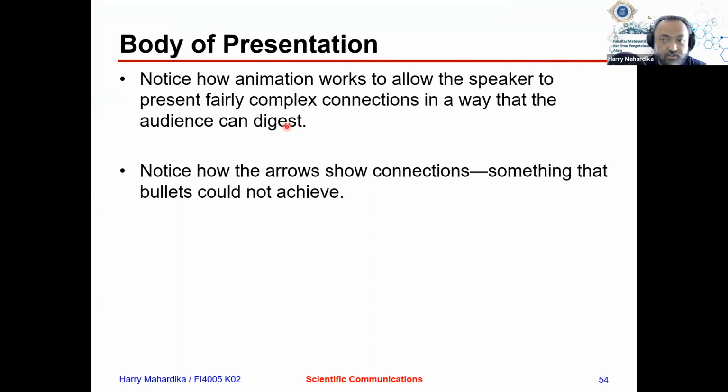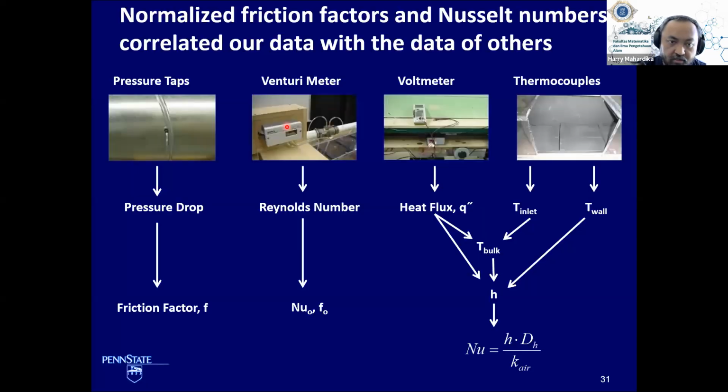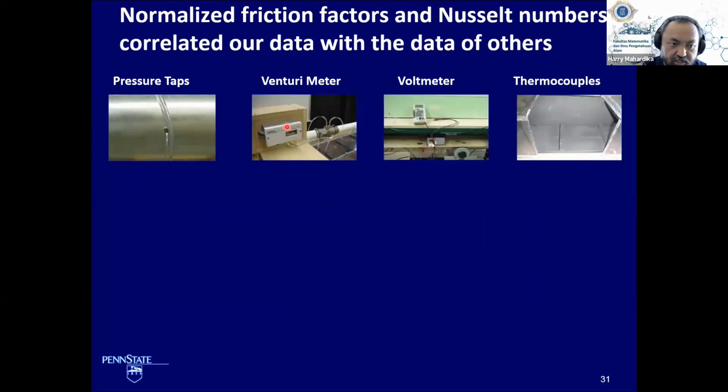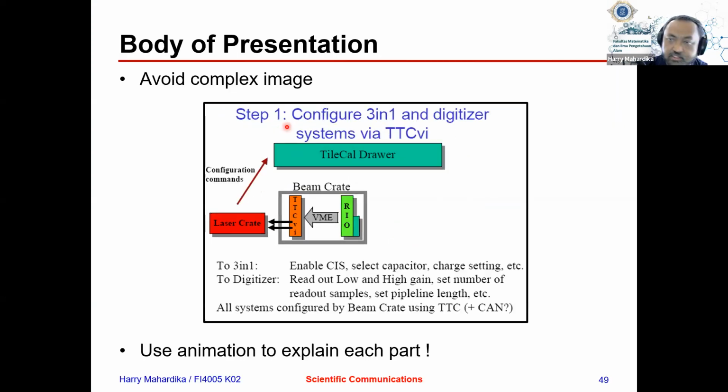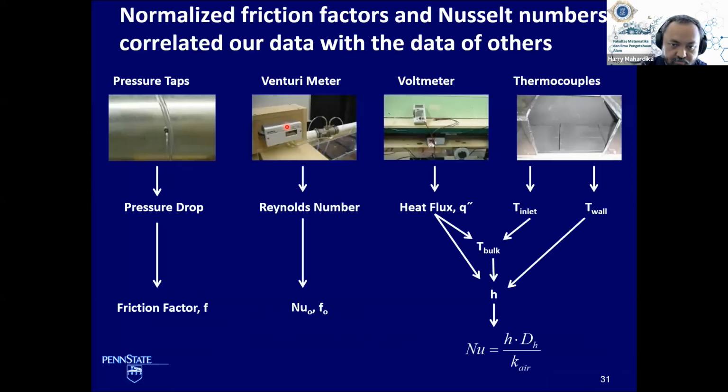Do not use too many sound effects or too many animations that will bother the presentation. Notice how the arrows show connections, something that bullets could not achieve. So you can choose to use animation within one slide to make a transition from one process to another, or you can use many slides.